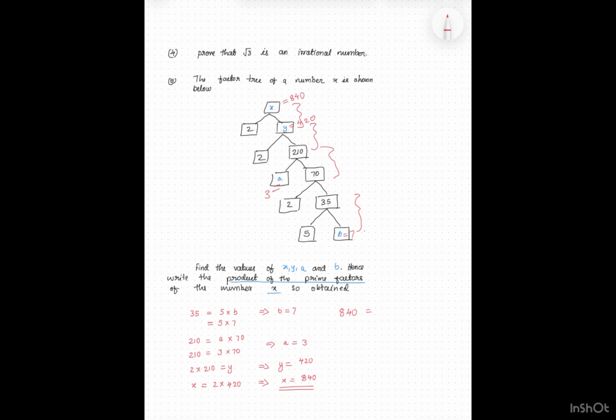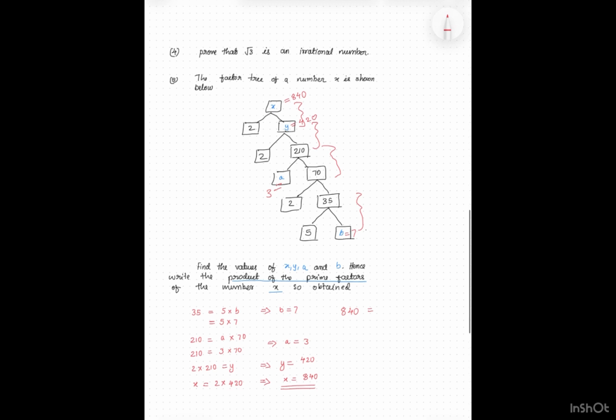We can write 840 is equal to 2 cubed multiplied by 3 multiplied by 5 multiplied by 7.